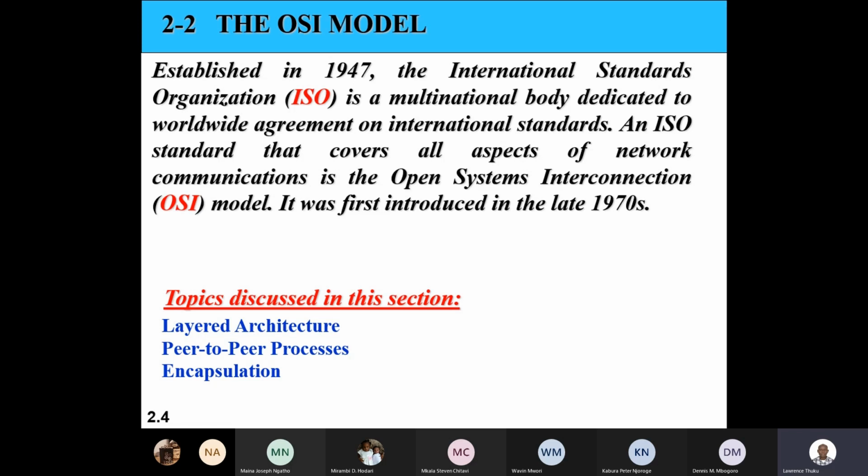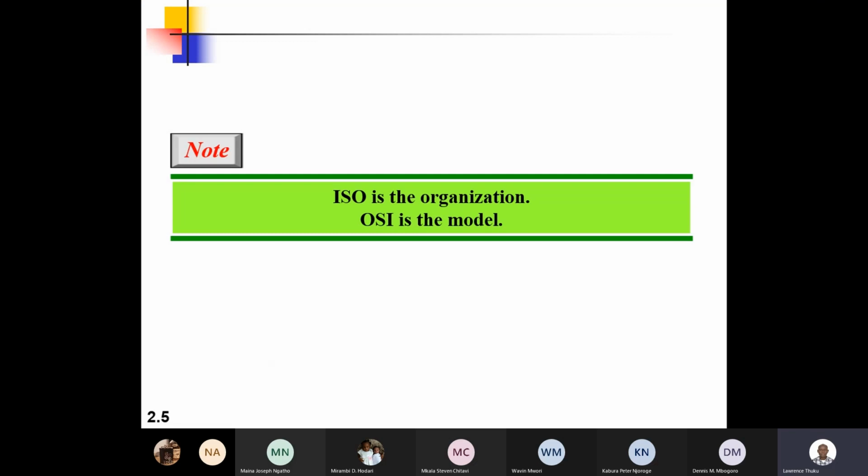Therefore, the model provides us with what we call a layered architecture and a peer-to-peer process of communication, hiding information behind the scenes and providing the data to the recipient, from the sender to the recipient and from the recipient to the sender. So basically, the model provides us with the aspects of sending and receiving data across a network from a layered perspective, like the one I've just shown you here.